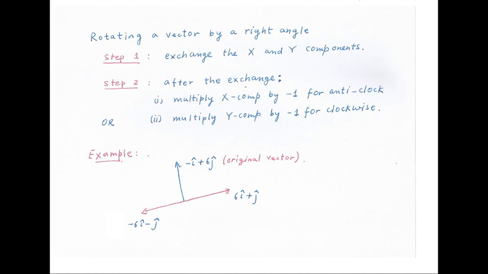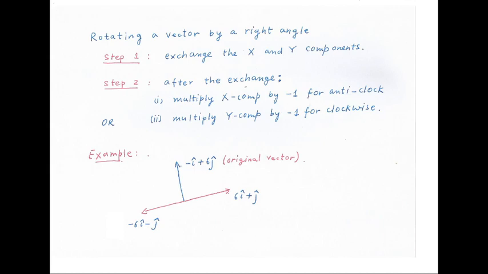The first step is to exchange the x and y components. Take the example: the original vector is minus i plus 6j, and I want to rotate it by a 90 degree angle, either clockwise or anti-clockwise. The first step is I exchange the x and y components, so it becomes 6i minus j.